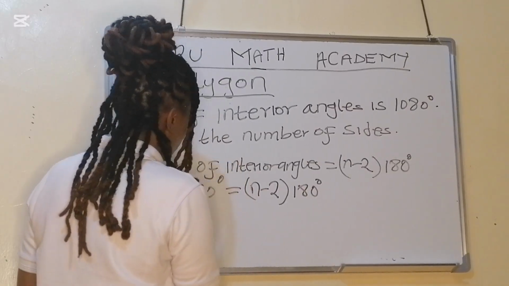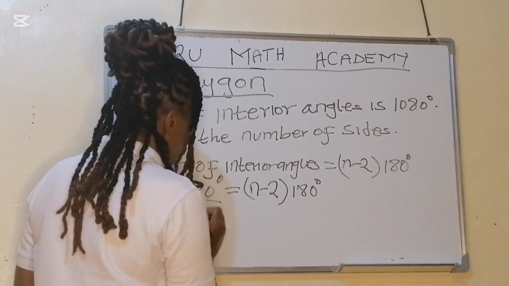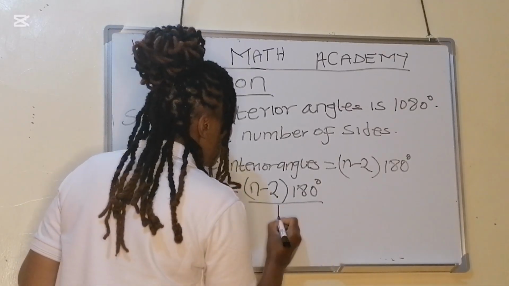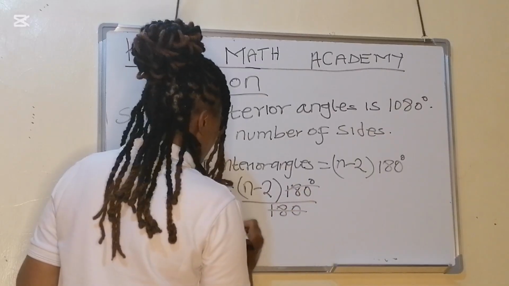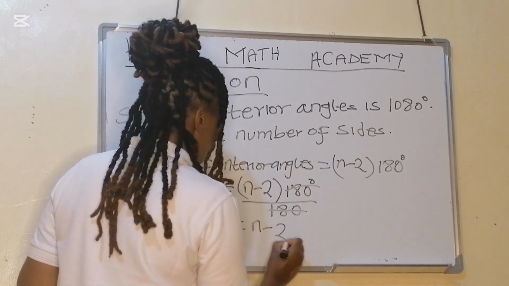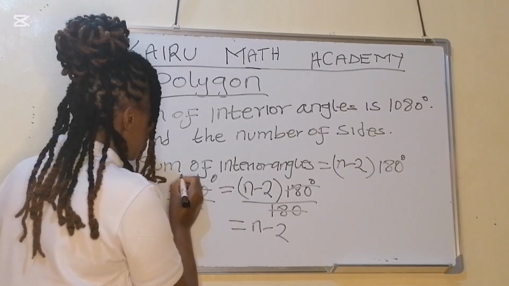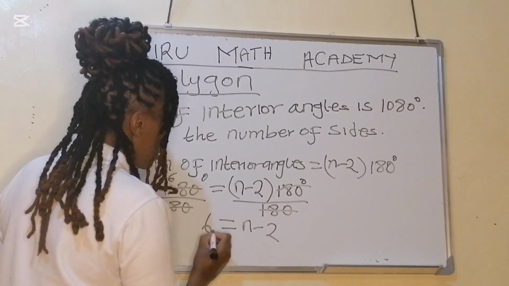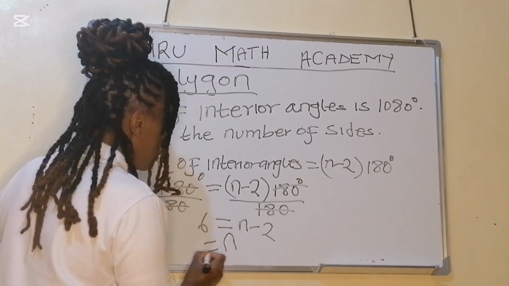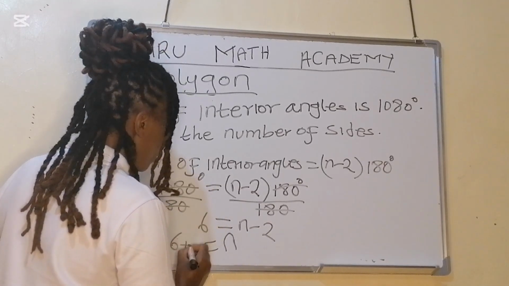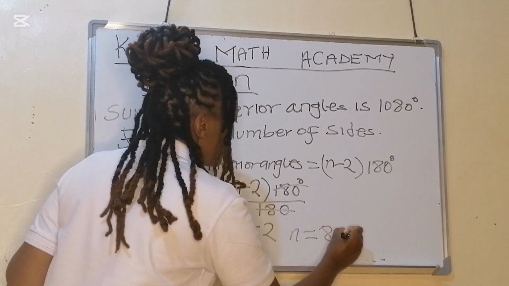Okay, so we divide here by 180 so that we can eliminate 180 this side. So we get n minus 2 here by 1, then it is 6. Okay, we leave n on that side. We get 6 plus 2. So n is equal to 8. 8 sides.